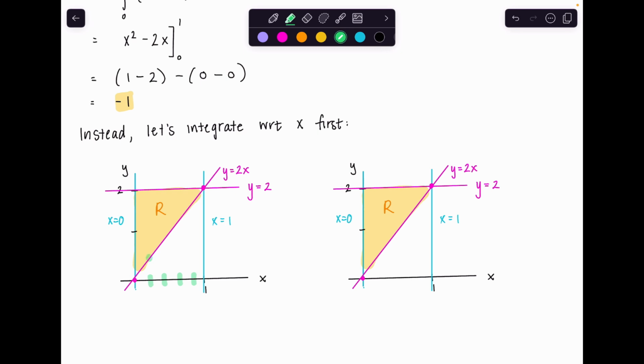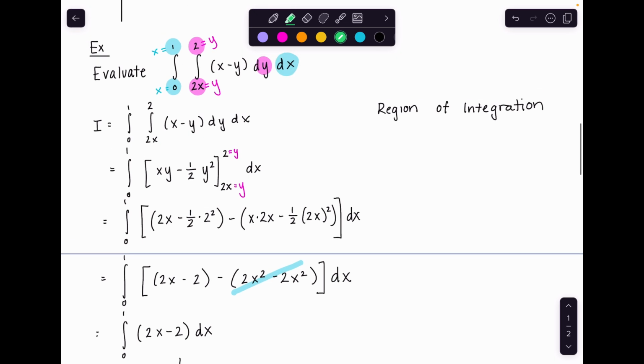But our y value would always start at this line and go up to 2. So once you picked an x, your y value started at the line and went up to 2. So that's exactly these bounds.